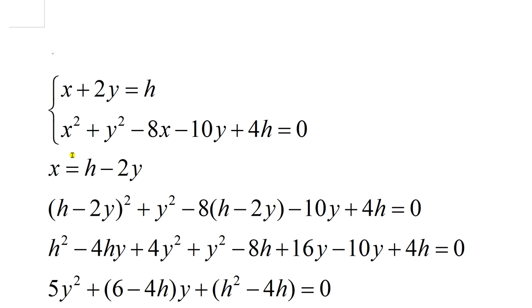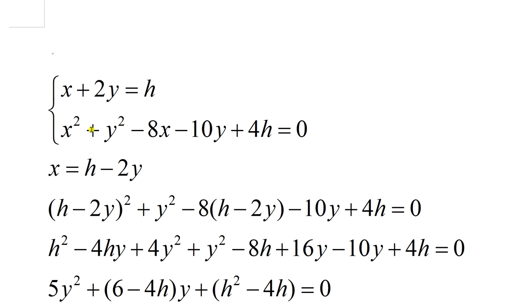Then you get bracket h minus 2y all squared plus y squared minus 8 times bracket h minus 2y minus 10y plus 4h equal to 0. Next, you can see that this is a standard quadratic equation. The variable y has maximum degree 2 only, and h is a constant. So you can simplify this into a standard form.